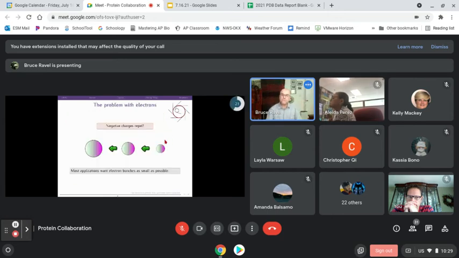All right, so now, once we have electrons in the storage ring, we have a couple of things that we need to worry about. The first thing we need to worry about is the fundamental problem with electrons, which is that electrons are negatively charged. And as these bunches of electrons are traveling along in the storage ring, they're going to push themselves apart.